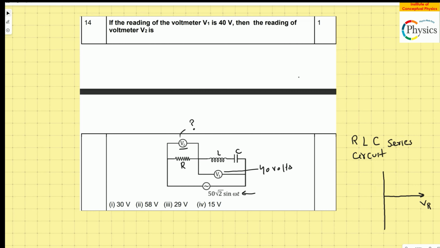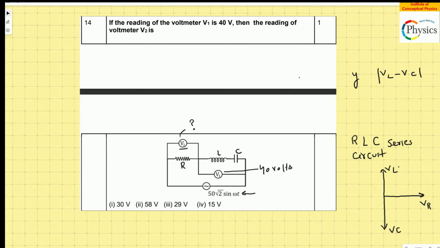The voltage in an RLC circuit across the capacitor is in this direction. Across the inductor, it is in this direction. The net voltage, whichever is higher, you don't know. The magnitude is generally given by VL minus VC, but this is on the y-axis.